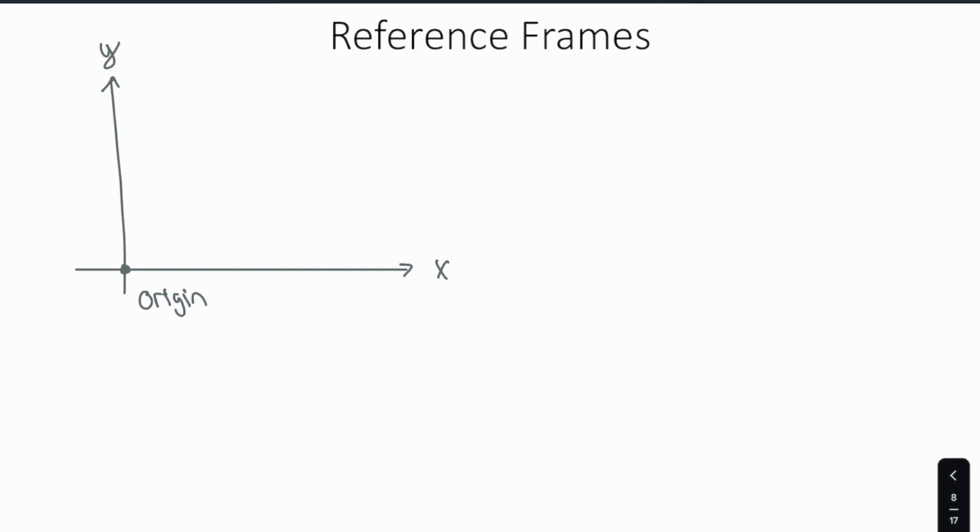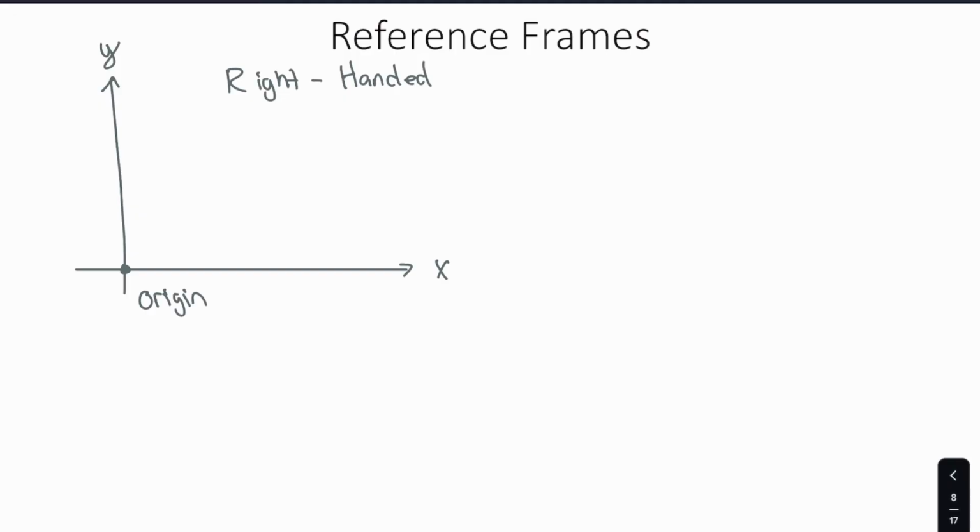And mostly arbitrarily, but just for the sake of convention, we're going to be using a right-handed coordinate system for our reference frames. Really, all that means is we're defining the direction of positive rotation.